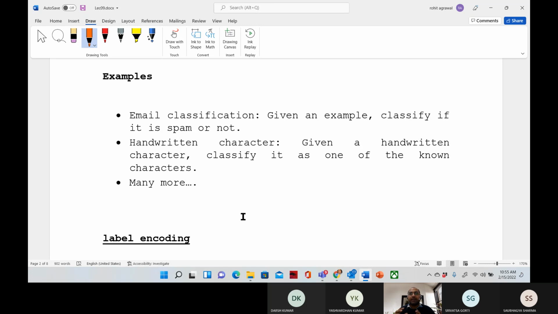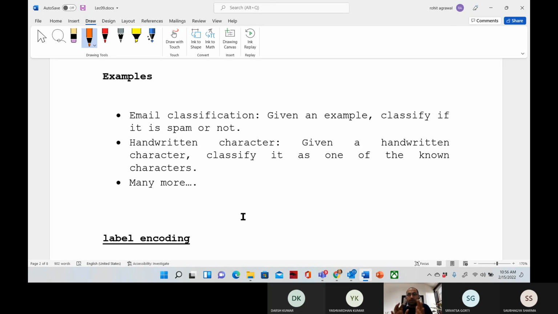Or whether you have some data set related to chest x-ray, and you are going to predict whether there is a chance of lung infection or not, or whether it is a cancerous image or not cancerous image, whether it is a female image or a male image, or whether it is spam or not spam.